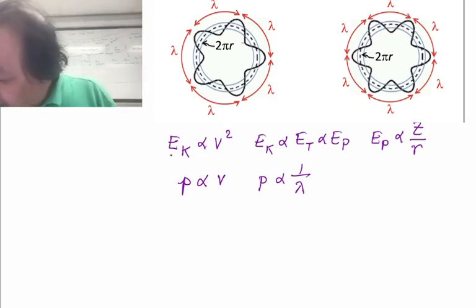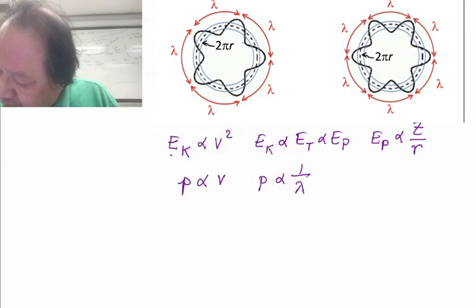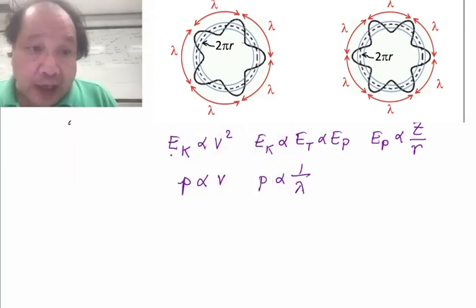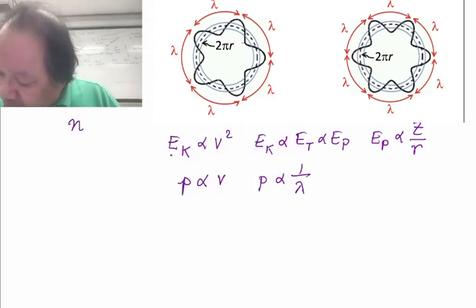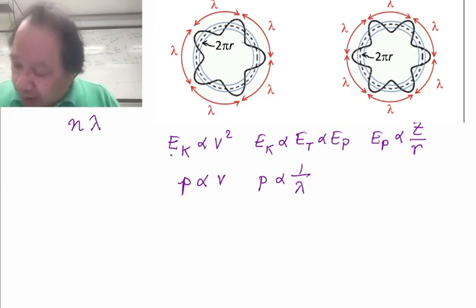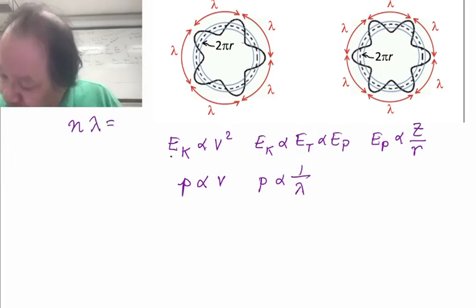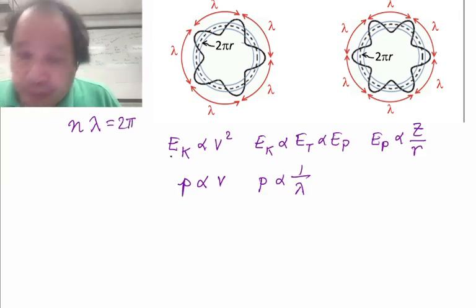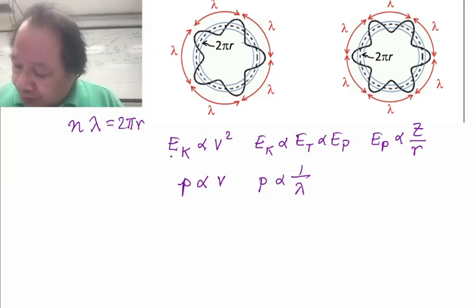So the number of waves, which we're going to call n, times the wavelength is equal to 2 pi r, the circumference of the circle.